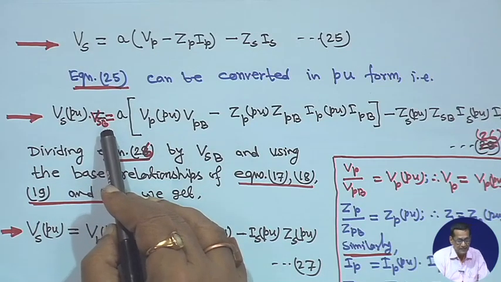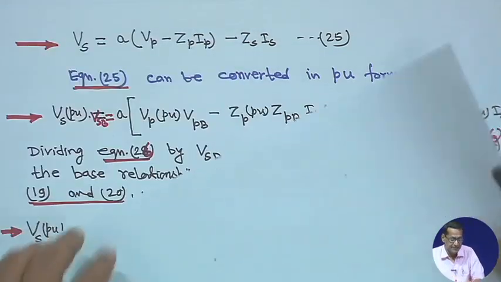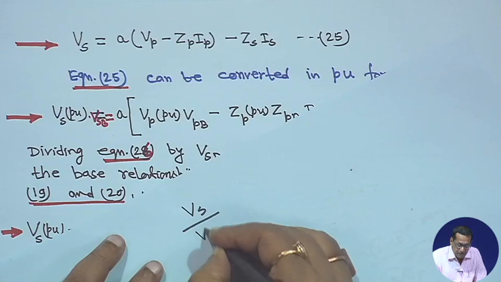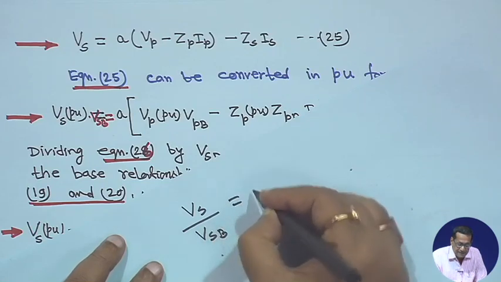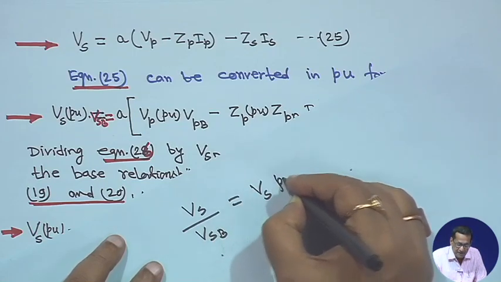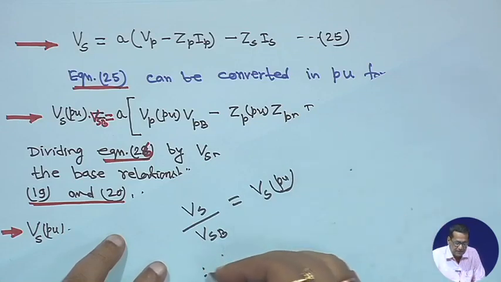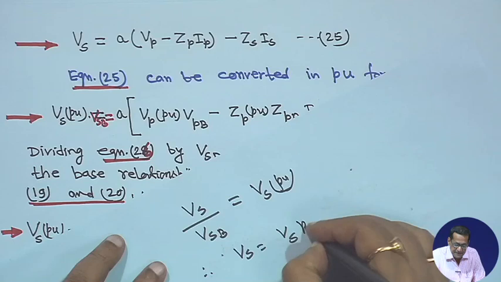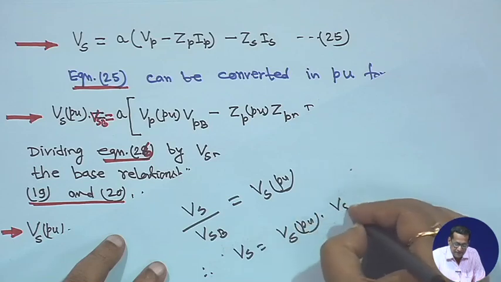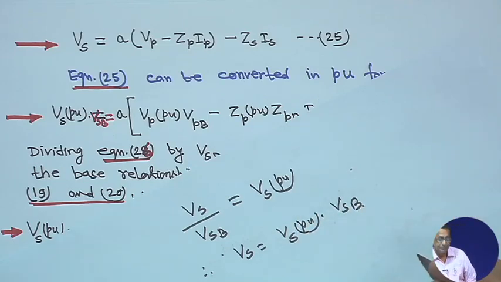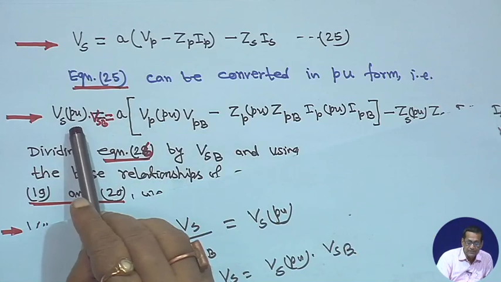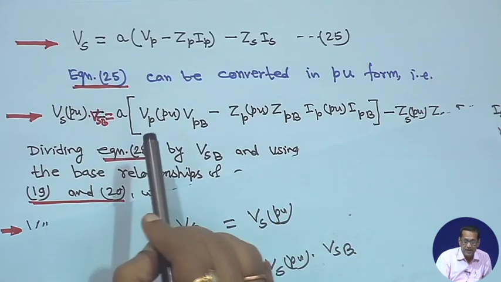This Vs upon Vsb is the per unit voltage, that means Vs is equal to Vs per unit into Vsb, right. That is why instead of Vs we are writing here Vs per unit into Vsb.